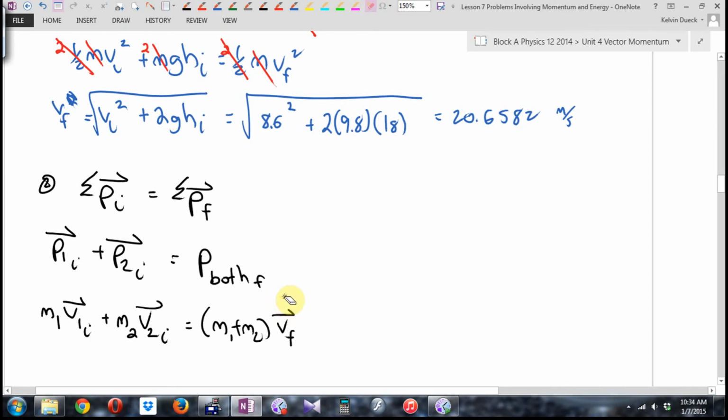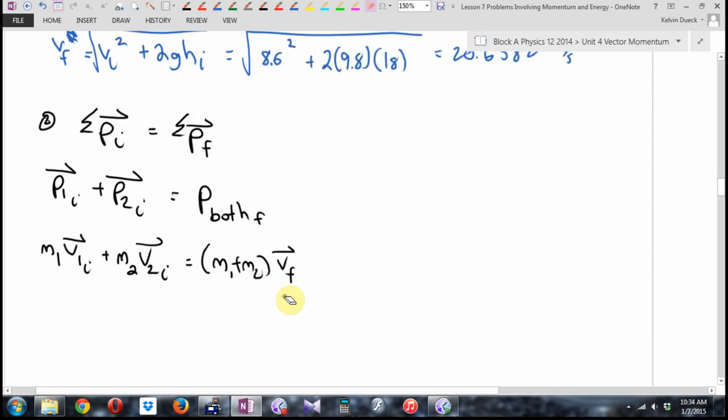Look at my wonderfully drawn picture. Does it offer any angles, any vectors, or is it in a nice straight line? To get the VF by itself, just divide by M1 plus M2.